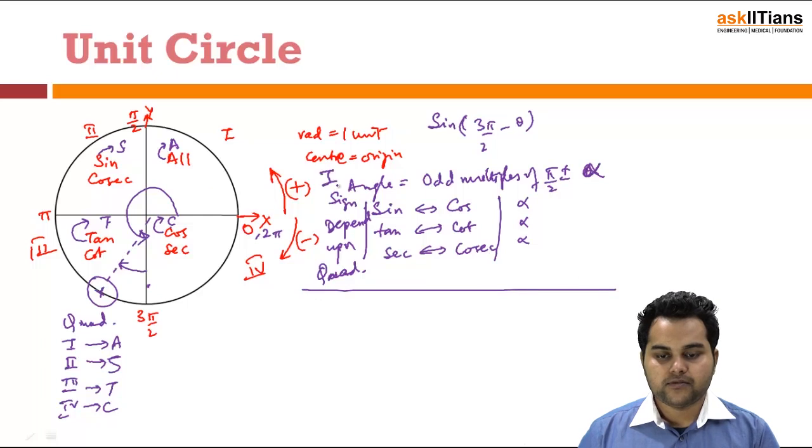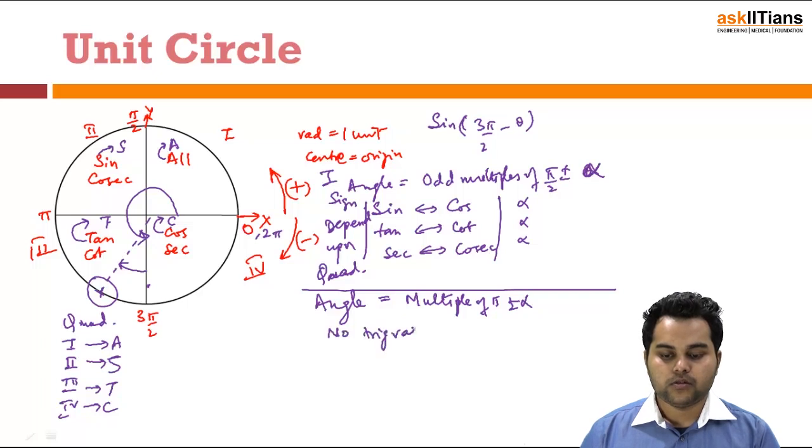Another rule that I have: if the angle is of the form multiples of pi plus minus alpha, no trigonometric ratio changes. In terms of angle, it will be just alpha in all the three cases, and the sign again would have to be decided by the quadrants.